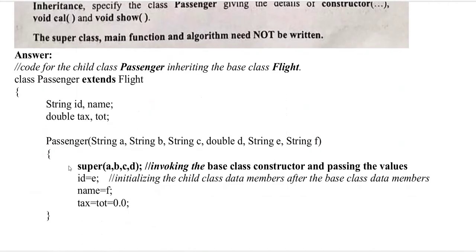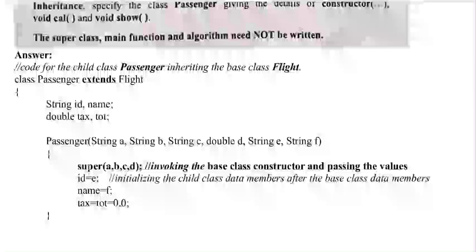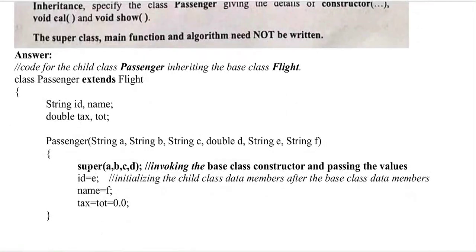So you can see in the constructor, passenger, there are 6 parameters. First 4 are passed to the base class with the keyword super. Super will invoke the base class constructor, and this should be the first line in the constructor. Otherwise, you will be penalized.